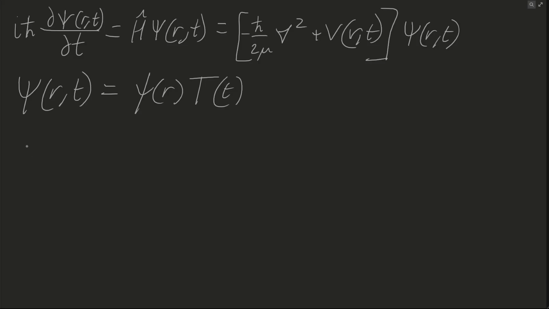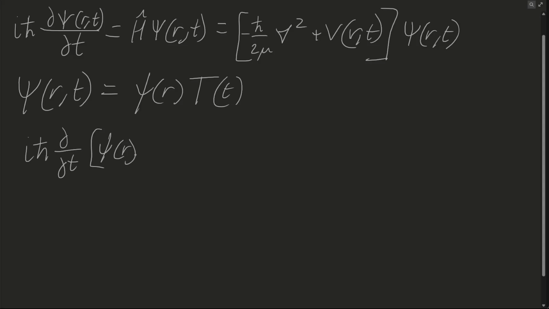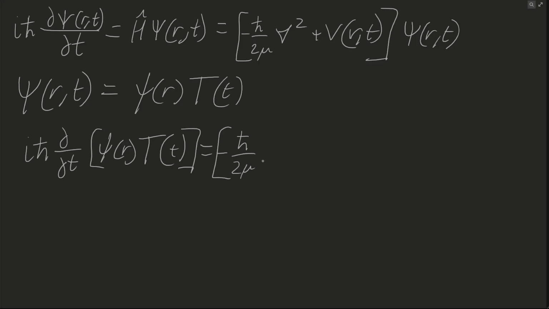And hence we know that i h bar times the partial derivative with respect to time of the wave function, the spatial part times the temporal part, is equal to minus h bar squared over 2 mu times the Laplacian plus V of r, acting on that same product, psi of r and T of t.